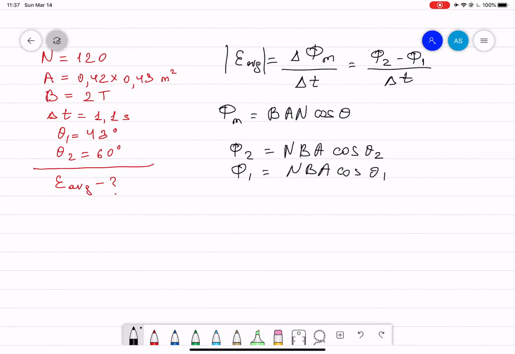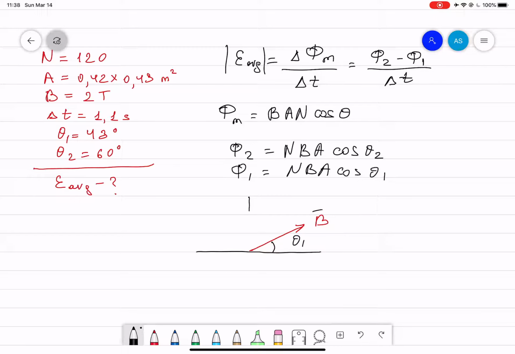Since we know that this is our plane, I'm just looking at it from the side view, and the magnetic field is basically this one. The angle of the first case is theta 1. This is the plane, but what we're looking for is the angle between the B field and the area vector.